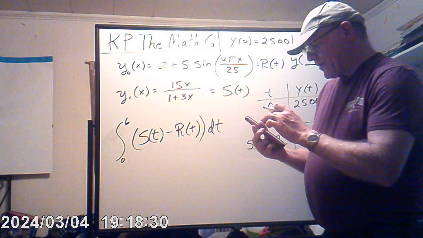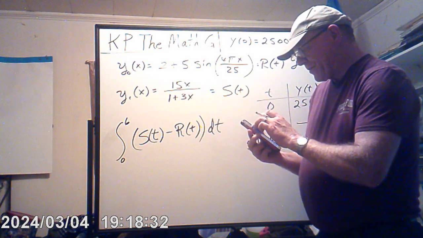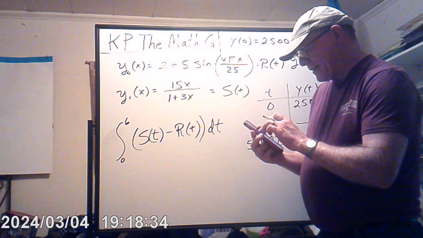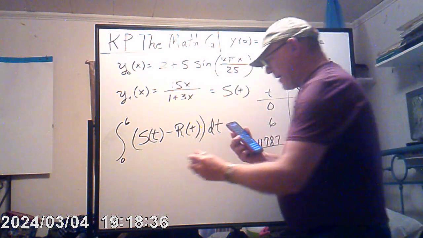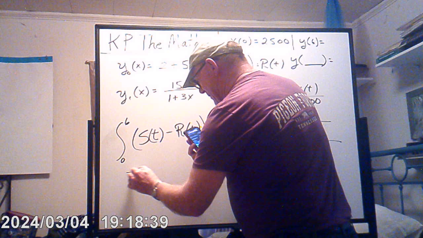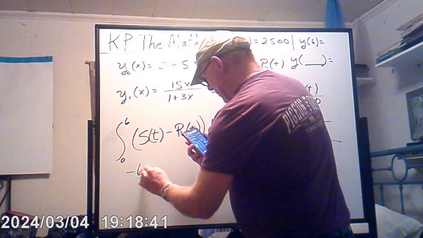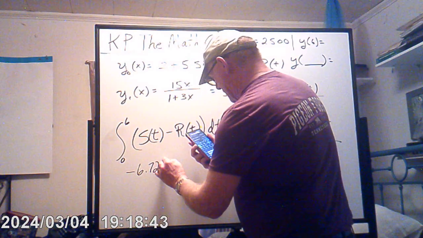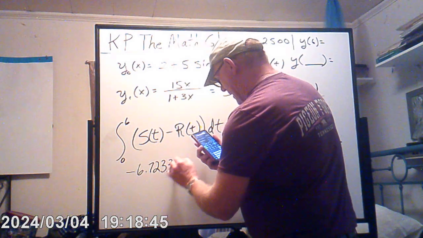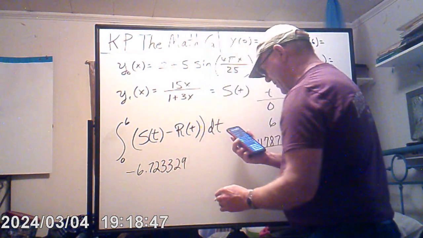When I plug in the 6, let me scroll down if I can. Yes, I can. I got a negative 6.7233329 and so on.